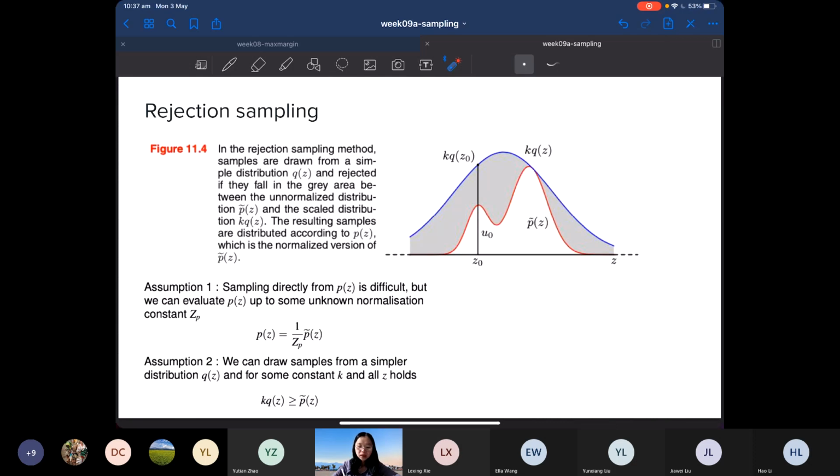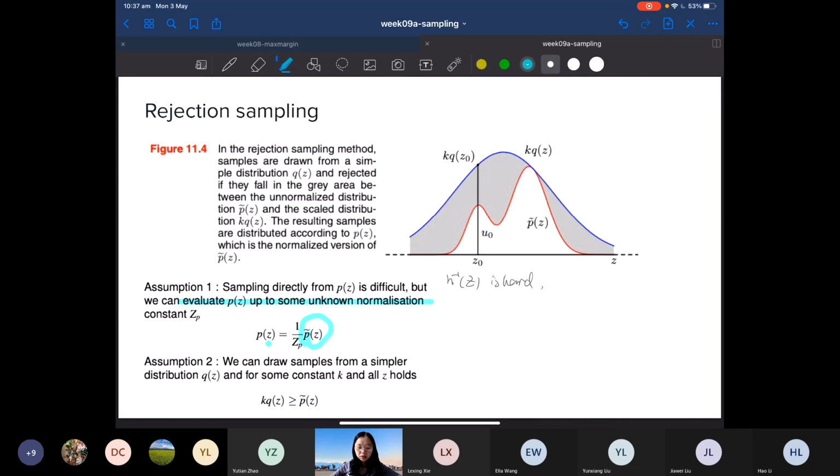And here we assume that sampling or inverse of H of Z is difficult, right? So basically H is hard. But then evaluating P of Z up to some unknown normalization is easy, right? So essentially, given the value of Z, we could output this.